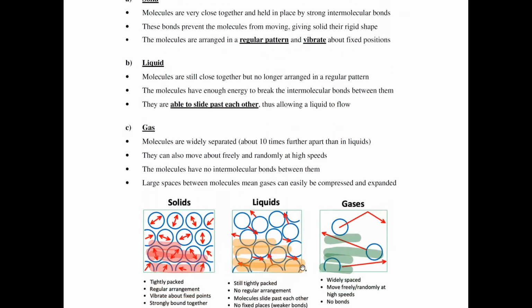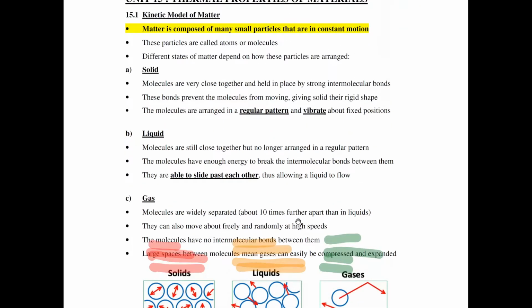So this is something like a revisit of what you learned in SPM or IGCSE. They do ask you about this in your exam questions, but it's very, very rare. The only time they've ever asked you about the arrangement of molecules in one of the states of matter was, I believe, in June 2020.